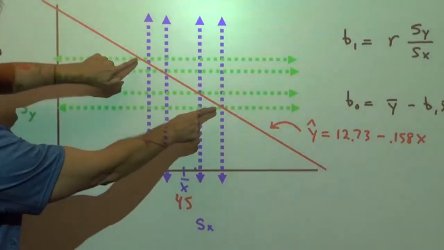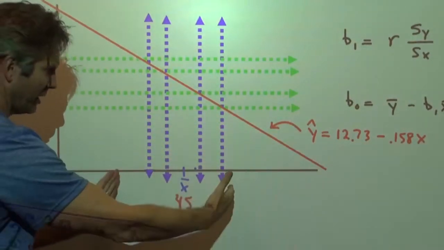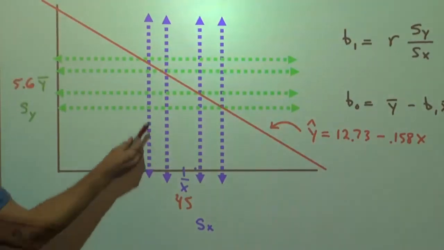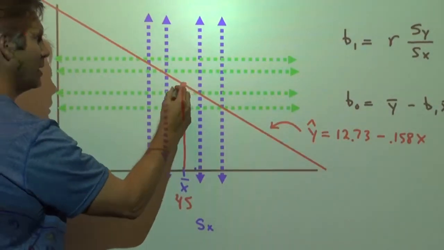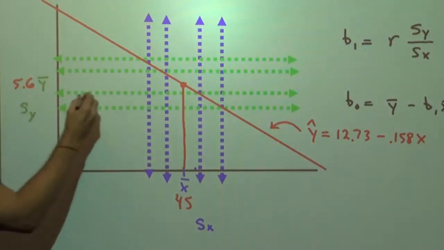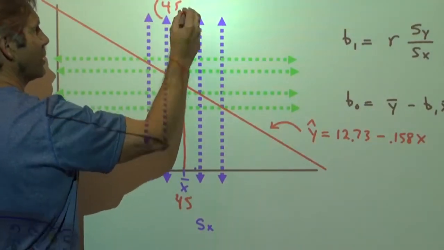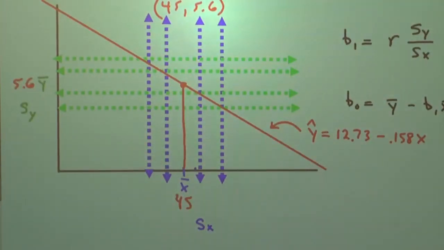And that line will hit pretty much the corners of those intervals, 2 standard deviations over in each direction, and sure enough, the point that is on this least squares regression line is where the mean of 45 meets the pain level of 5.6. That point, for a dose of 45 milligrams, leads to a pain level of 5.6. That's on the least squares regression line, and that's it. So there's an indication of how we can use those formulas to find the least squares regression line.